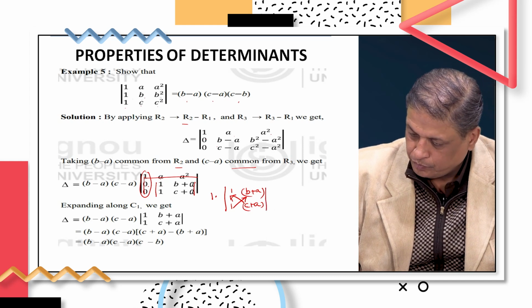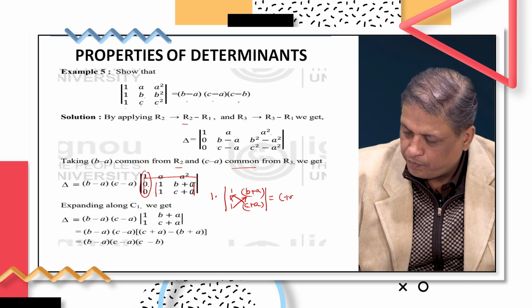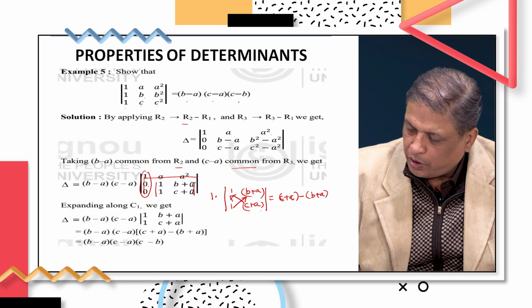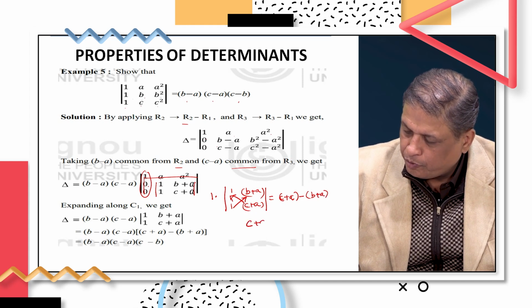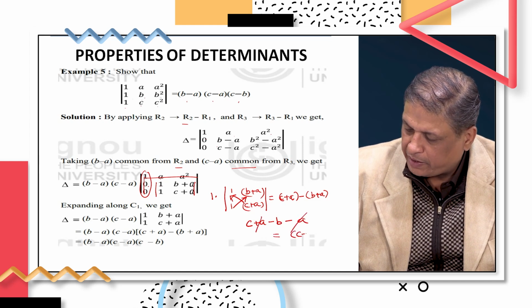Yes, this is equal to c plus a minus b plus a. So c plus a minus b minus a, so a will get cancelled out and we will be remaining with c minus a.